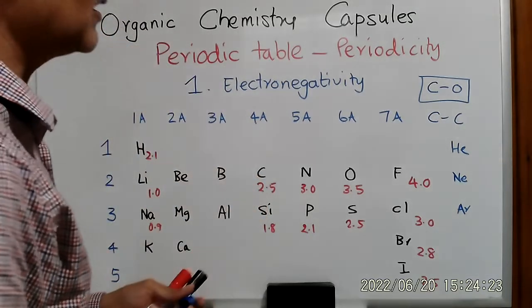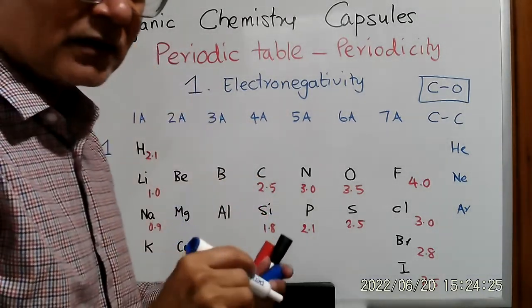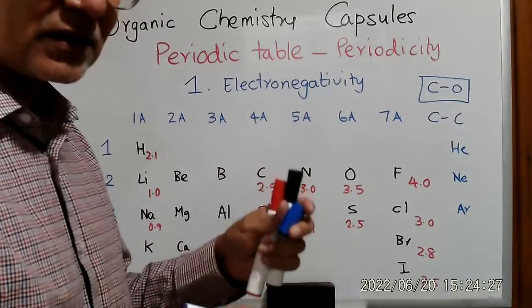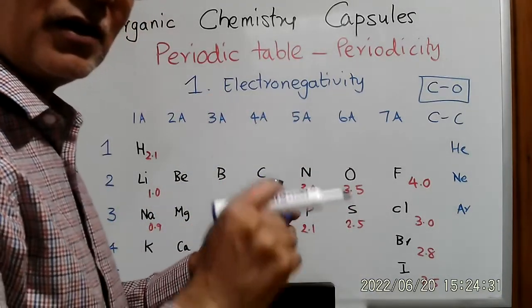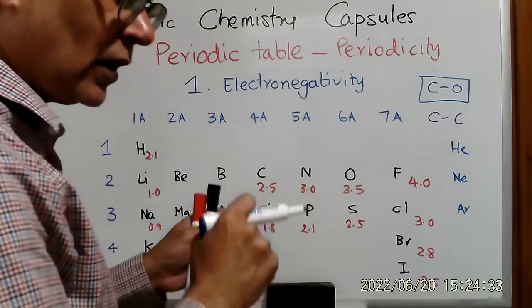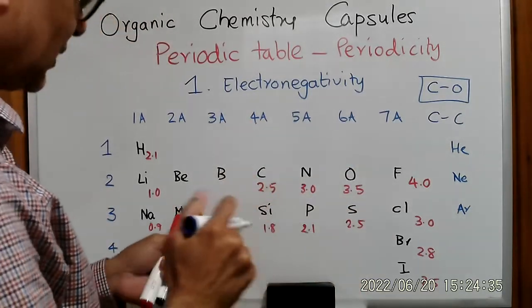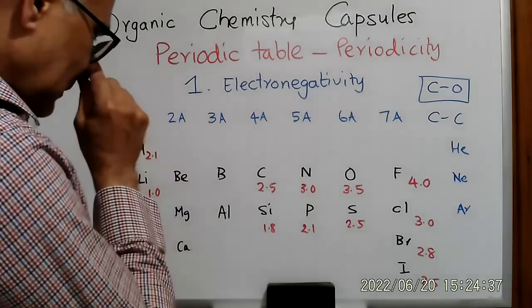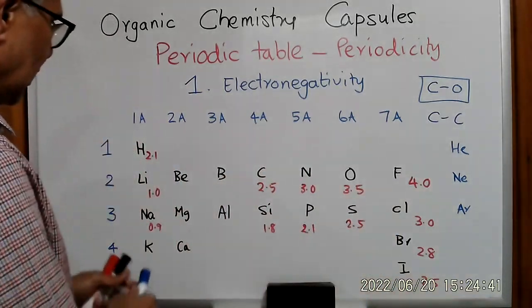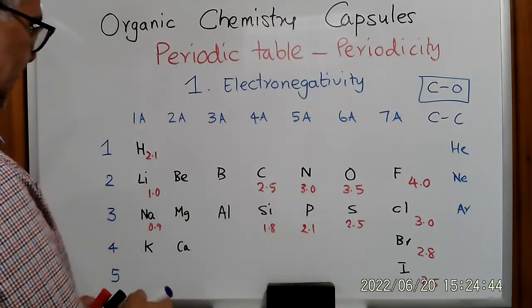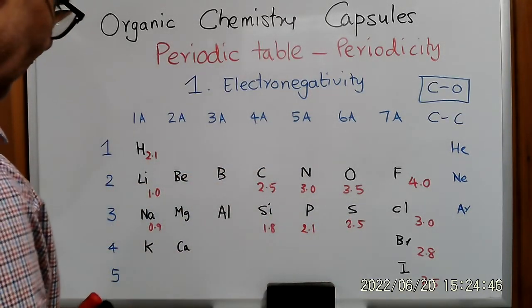That is the important thing here. On that, the entire organic chemistry reactions depend: which one has the partial negative charge, which atom has a partial positive charge. We'll come to that again in a minute. As you see from the periodic table, you notice something, right?